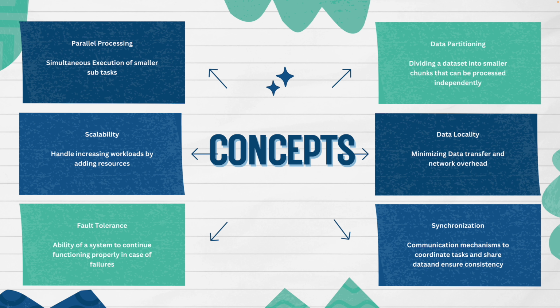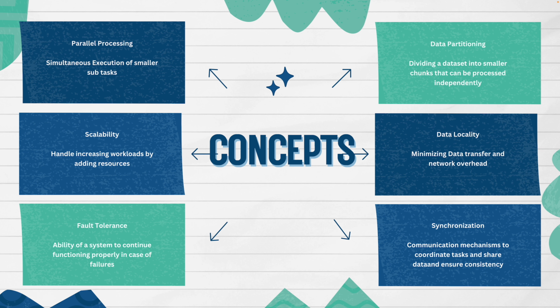Now, Apache Spark's data processing model aims to achieve high data locality by scheduling tasks on nodes where data partitions are stored or cached in memory, reducing the need for data shuffling and network communication. We'll read about shuffling and network overhead in Apache Spark as well. But generally, data locality is one of the concepts which Apache Spark supports.